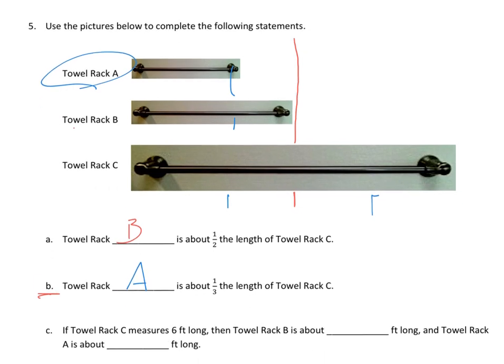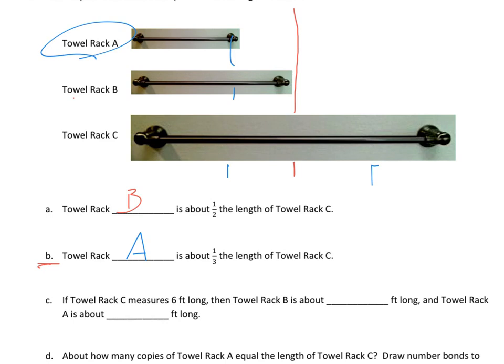So just being able to look at each of those shapes and partition them off will help you out greatly with that one. If you're talking about halves or thirds, I'm going to break towel rack C for both of those, so I broke them into halves here and then into thirds here, just so I can get a visual for lining up the other towel racks. So that'll help out with that question.